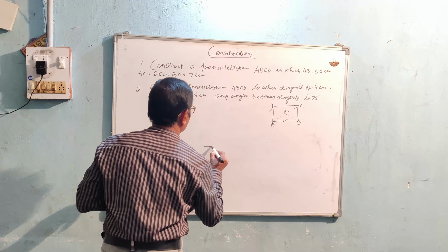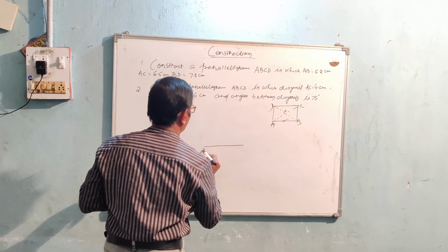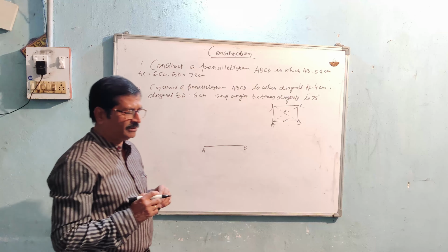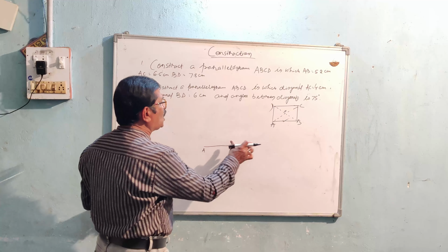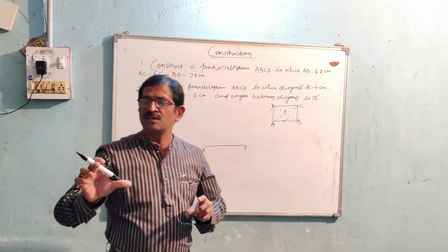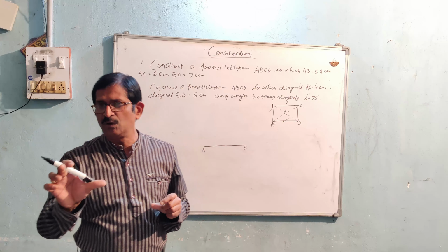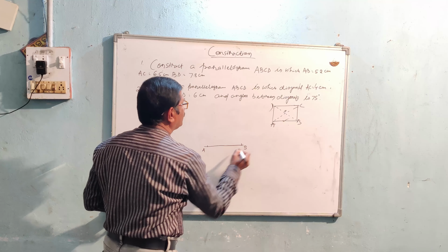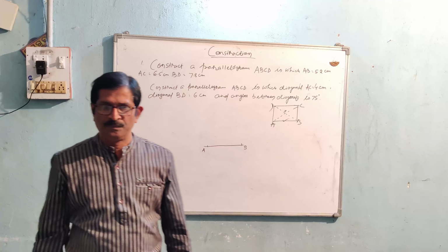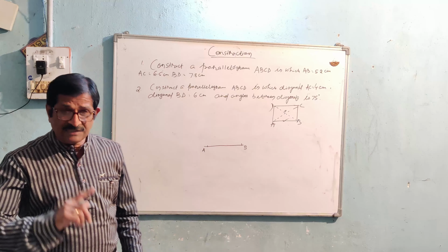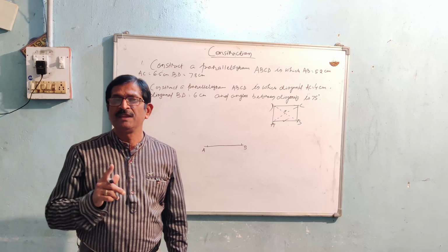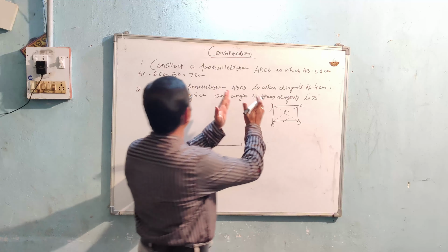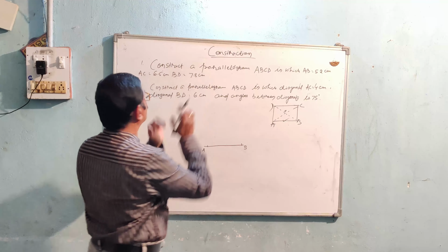I am not drawing exactly the same measurement, I just want to show you. First you have to draw AB, which is 5.2 centimeter, and before that I want to tell you the process of drawing. First you draw a line, thereafter you take the measurement 5.2 in your compass and cut it, and that would be your 5.2. As you know the diagonals of a parallelogram bisect each other, you have to take half of the measurement of both.